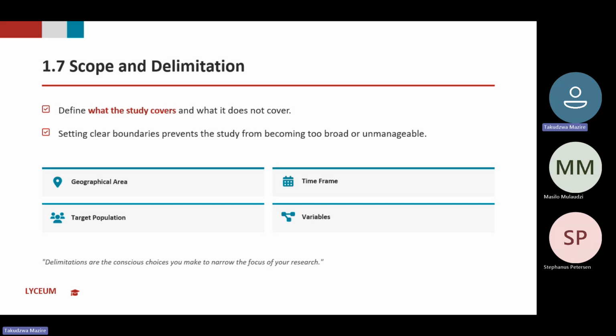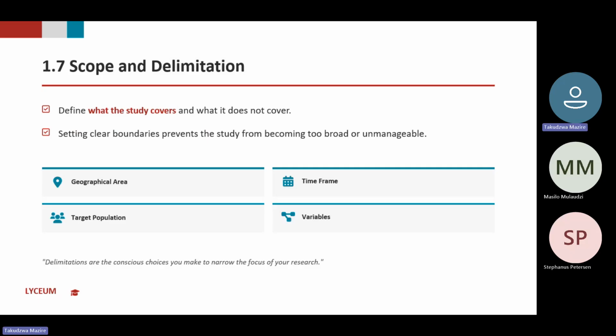Right. The purpose of the scope or delimitation of your study is that it defines its boundaries, the boundaries of your research. This means clearly stating what your research covers and, just as importantly, what it does not.